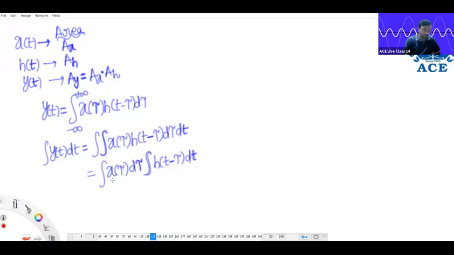Even if we shift the signal, the area is not affected. This is AX, this is AH, and on the left side AY. Shifting of the signal does not affect the area, so AY is AX into AH. The area under the output is the product of the individual areas.